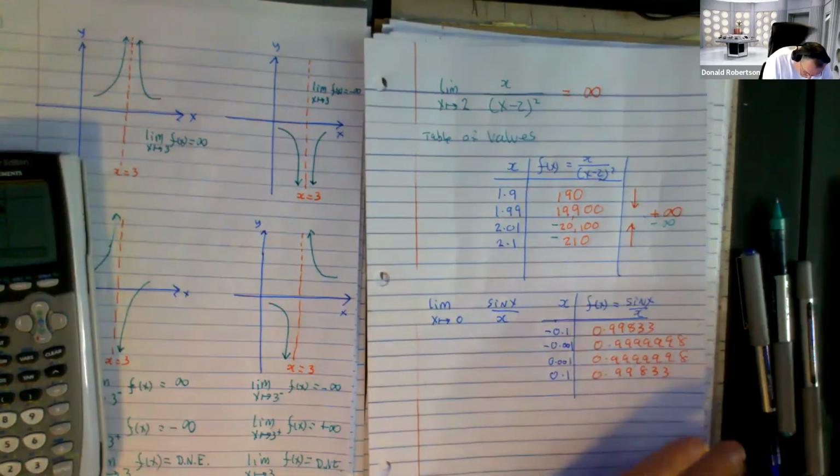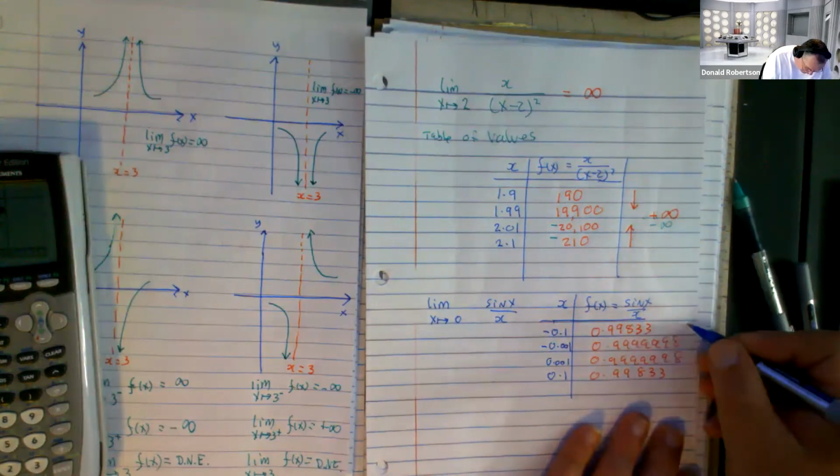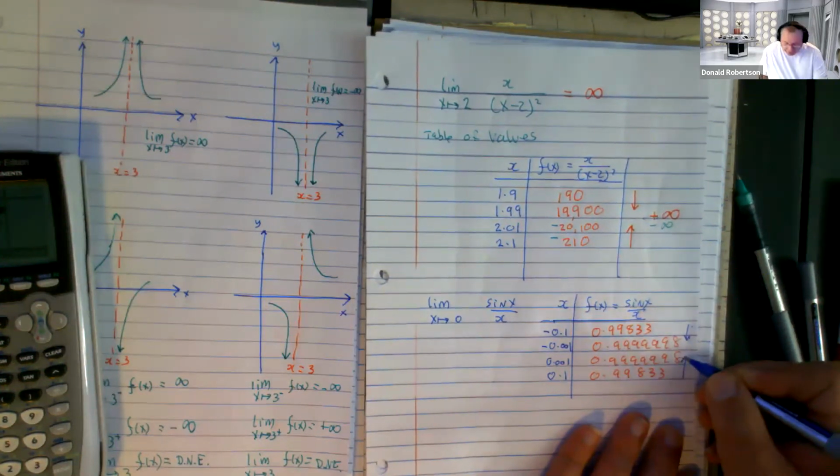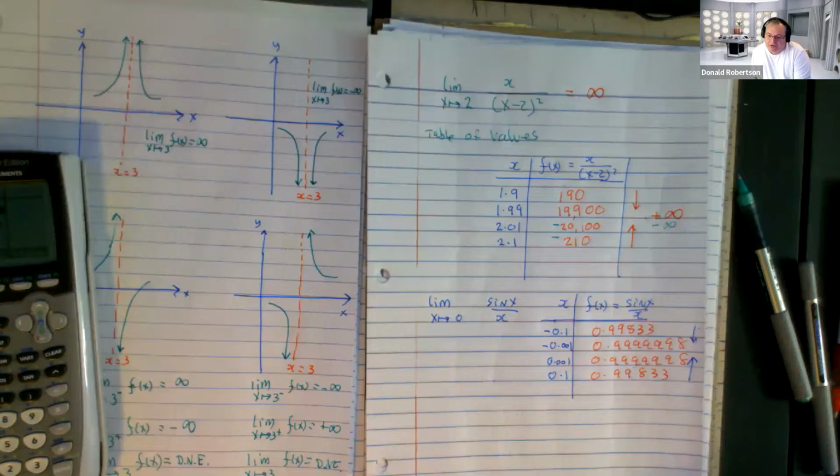Now, as you approach from this direction and as you approach from that direction, would you agree that the answer isn't plus infinity, the answer is not negative infinity, and the answer isn't even it doesn't exist? Would you agree that it's homing on the number 1?